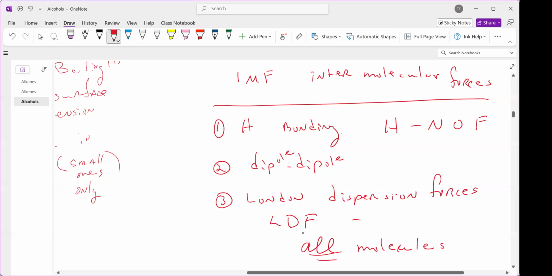Alkenes have that. No dipole, no hydrogen bonding. So their interaction between each other is weak. Alcohols have hydrogen bonding and dipole. Now they're going to be the strongest till we get to acids. Acids are even stronger yet.